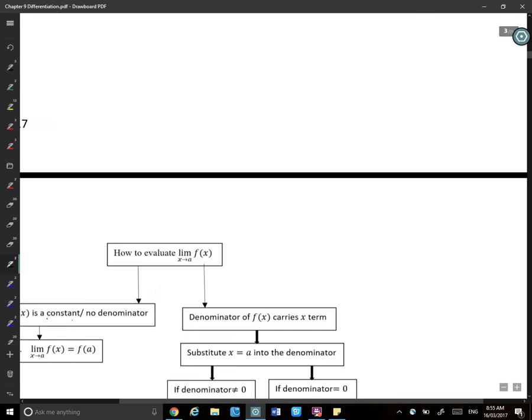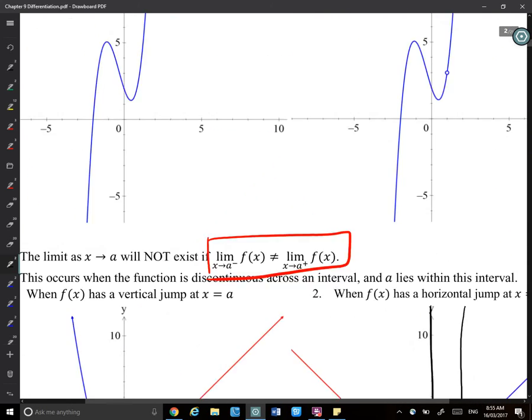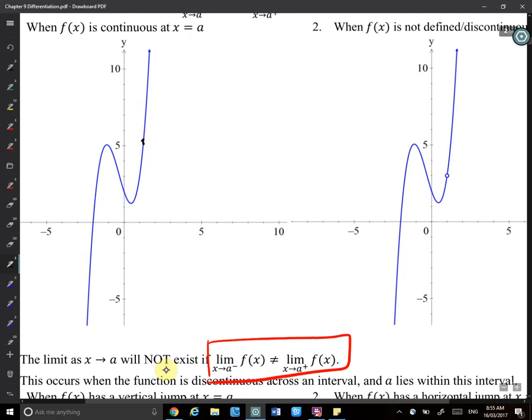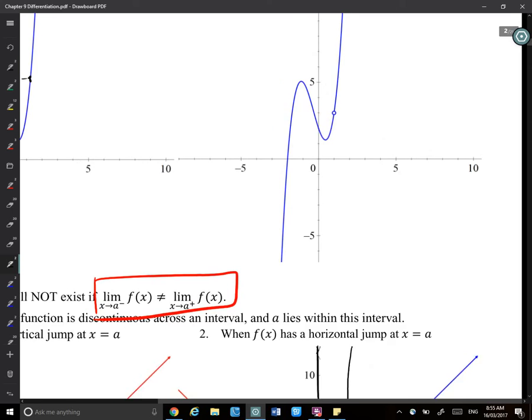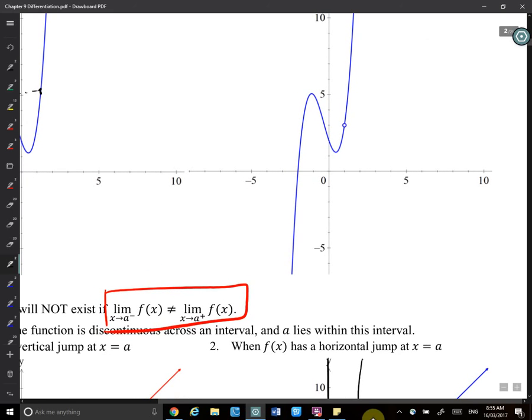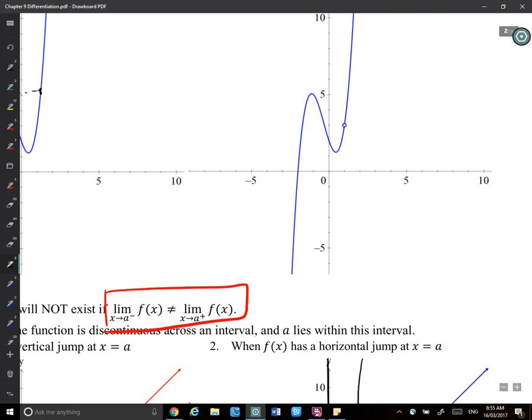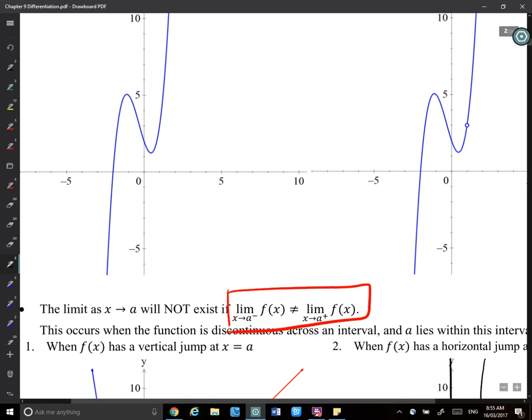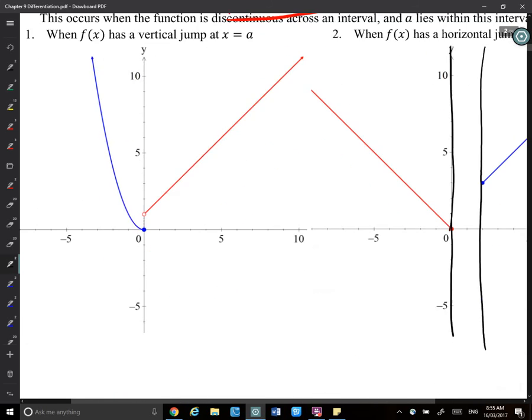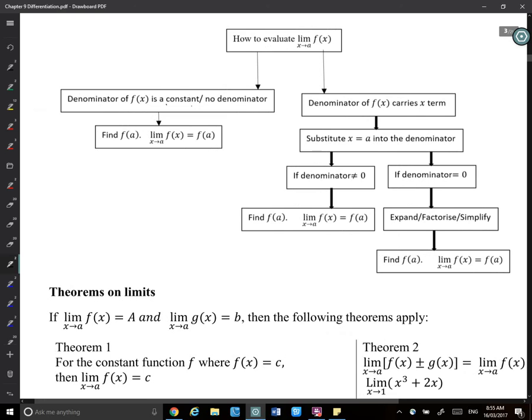Because when we find the limit, it's basically the value you have for that point, or for some cases, which is the open circle, we'll talk about that later in another case. But basically it's the y value at that point, so I will substitute that. Why can I substitute if there's no denominator?